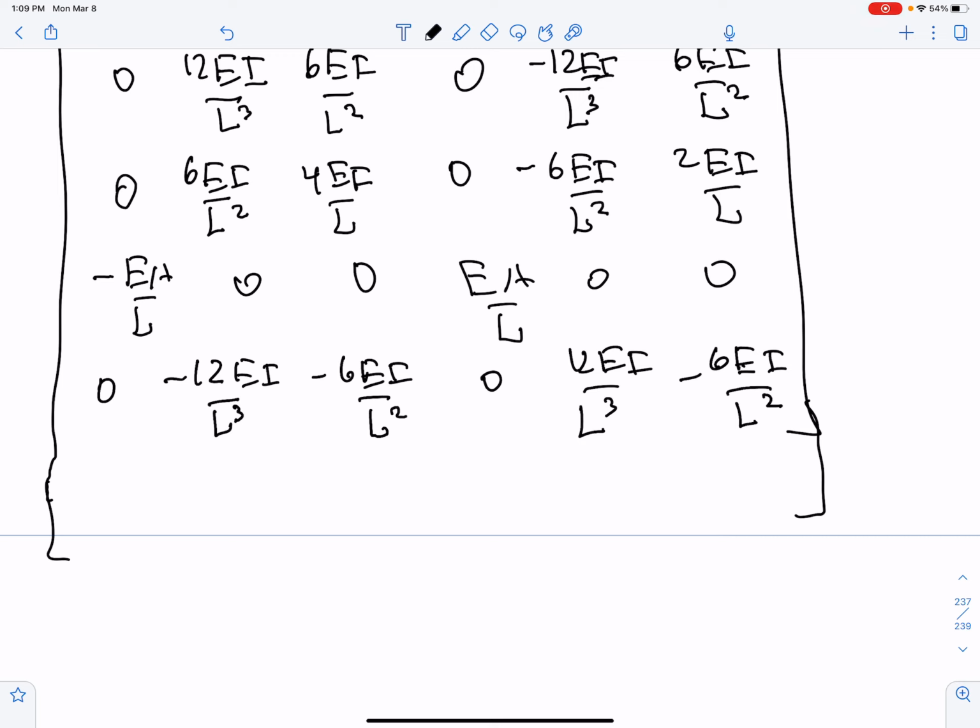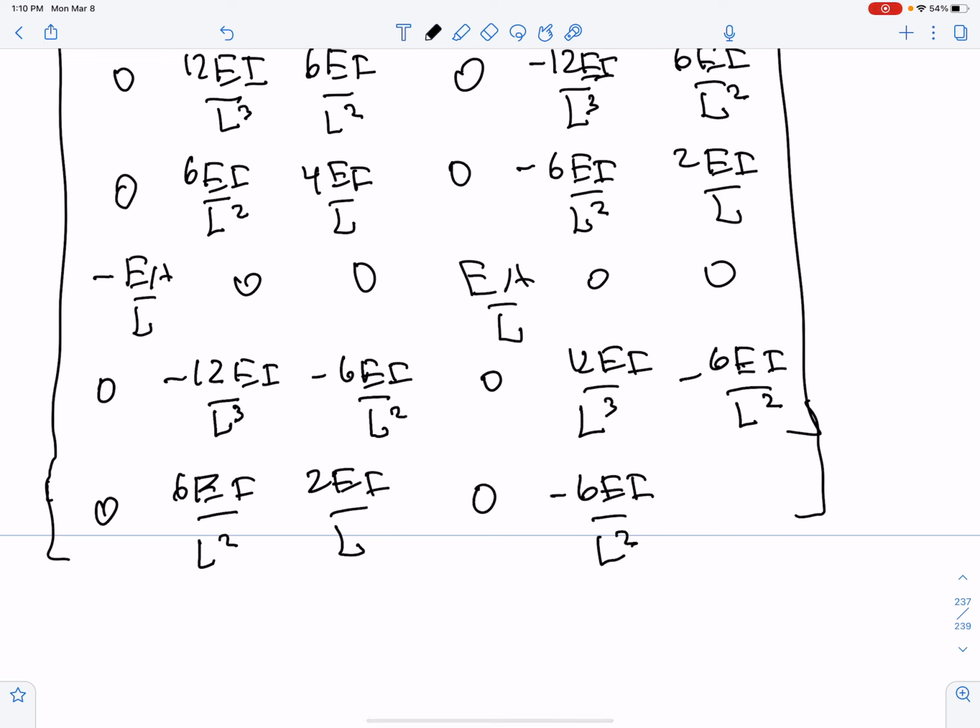And finally, the last row, 0, 6 EI over L squared, 2 EI over L, 0, minus 6 EI over L squared, and here you get 4 EI over L. Okay. There's your 6 by 6 matrix.